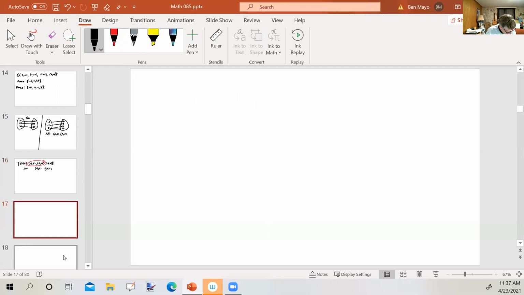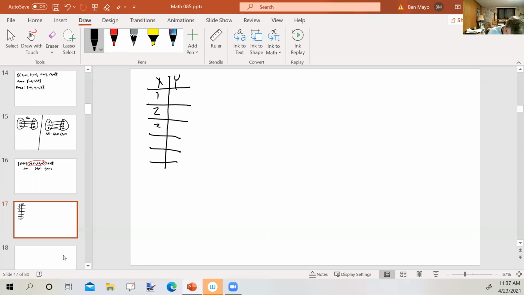Okay. Another example. Let's look at a table of values. We've got 1, 2, 3, 4, and 5 with 7, 15, 23, 16, and 8. Is this a function? Yes, each input goes to exactly one output.